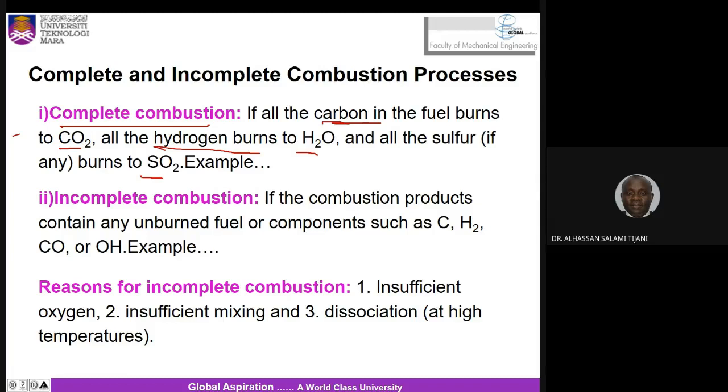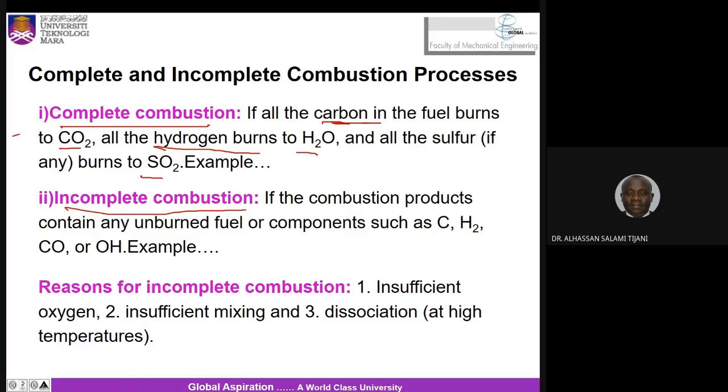Now, next, we come to incomplete combustion. Incomplete combustion is a situation where you starve the fuel. It means you reduce the amount of oxygen which is supposed to participate in the reaction.